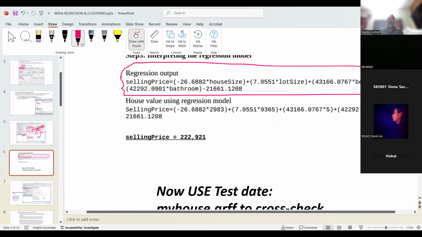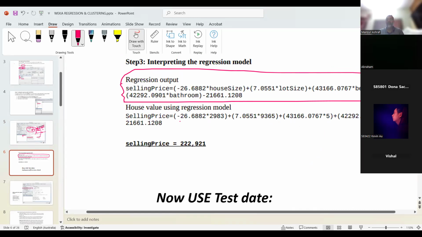Now suppose I got an example: 2983 is the house size and lot size is 9365, 5 bedrooms, only one bathroom. Then I can get the house price.